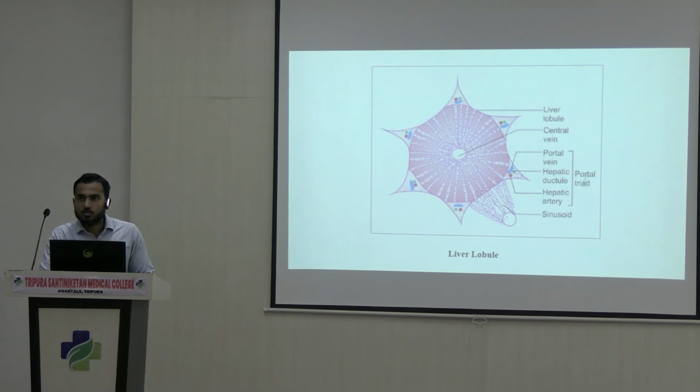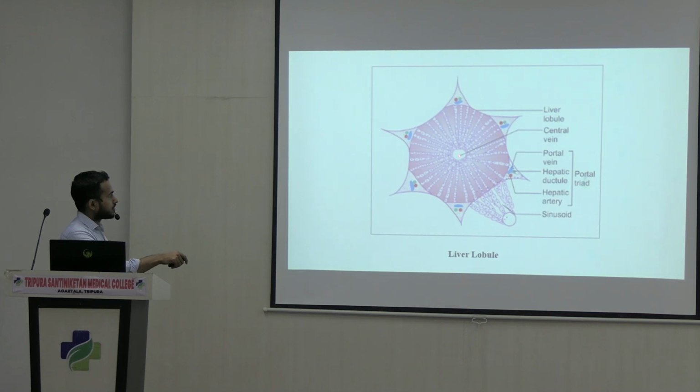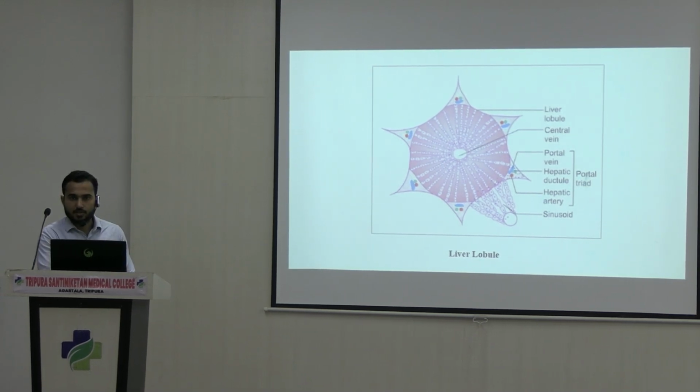In the classical liver lobule, what is present at the center? A central vein is present over here. Then from the periphery towards the center, you can see the plates or cords of hepatocytes. In between them, the area which is there is called the sinusoids.